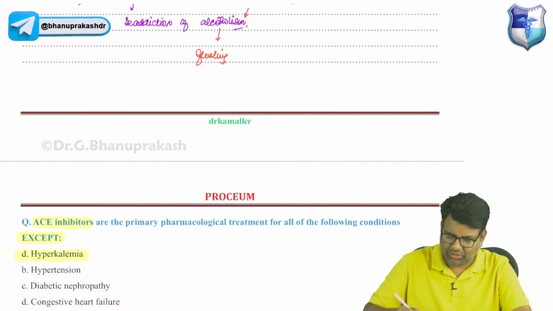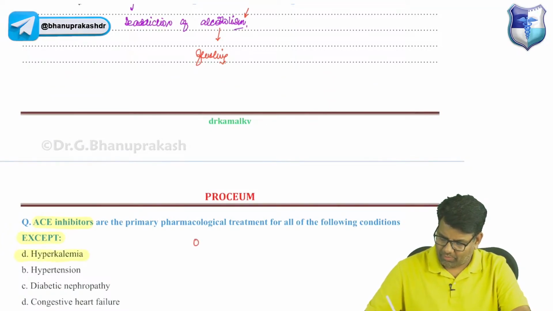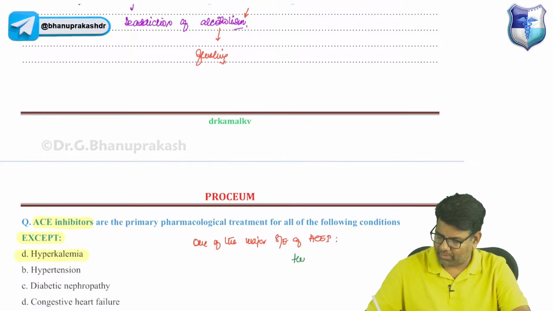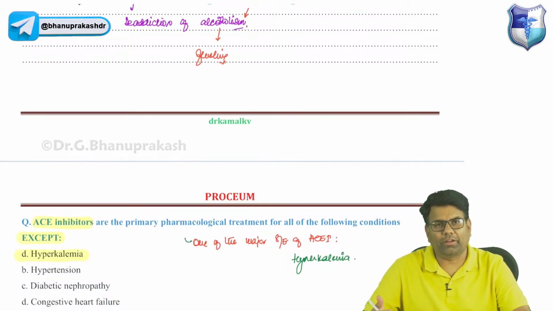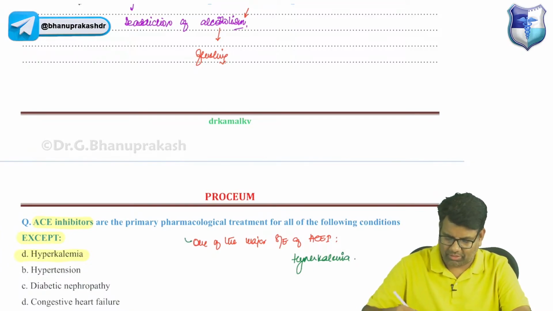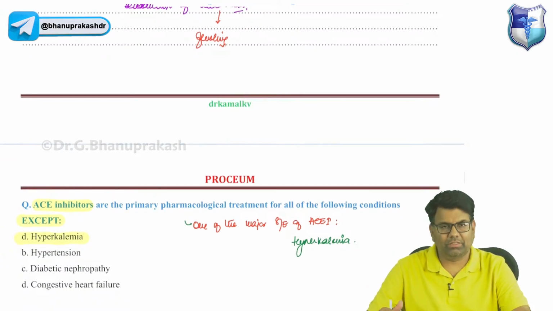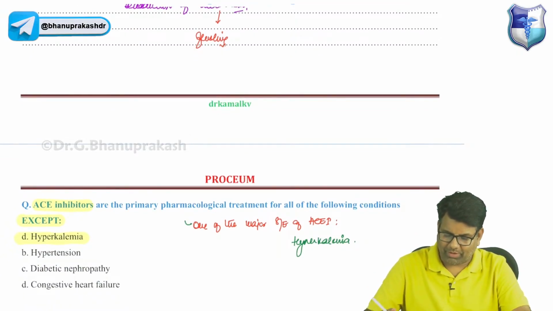To answer this question, you have to understand that one of the major side effects of ACE inhibitors is hyperkalemia. Right? So there is no point in giving ACE inhibitors in a patient who is already having hyperkalemia. Otherwise, this will lead to fatal hyperkalemia.